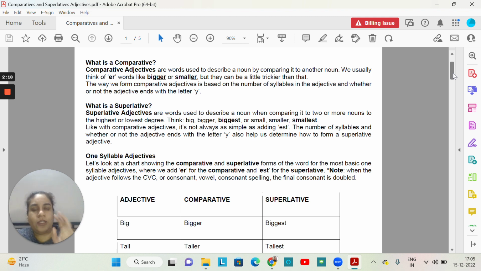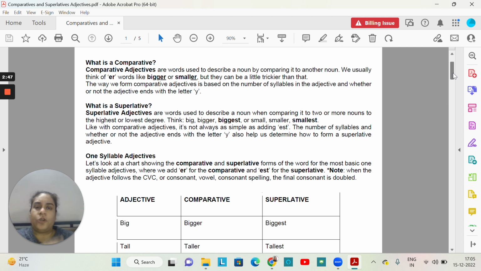Comparative is when you are comparing between two things. That's it. Only then will you use a comparative adjective. If you are comparing between two nouns, it's a comparative adjective. Hypothetically, we're talking about two kids, only two kids.